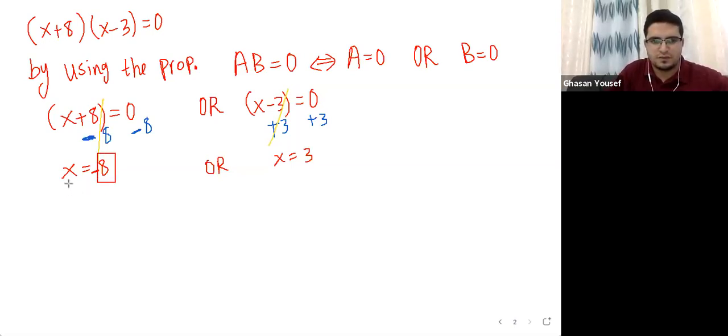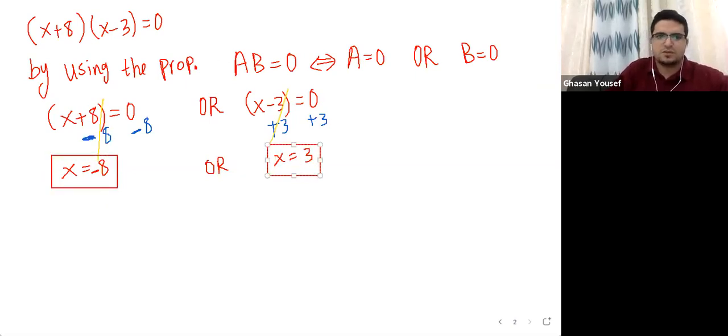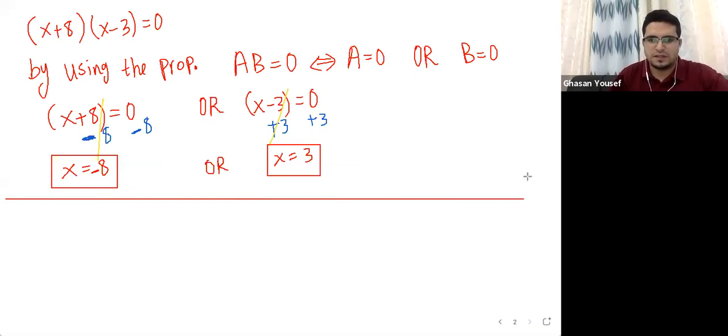This is the answer for this quadratic equation. So step by step, the first step I factor, then the second step I use the property.